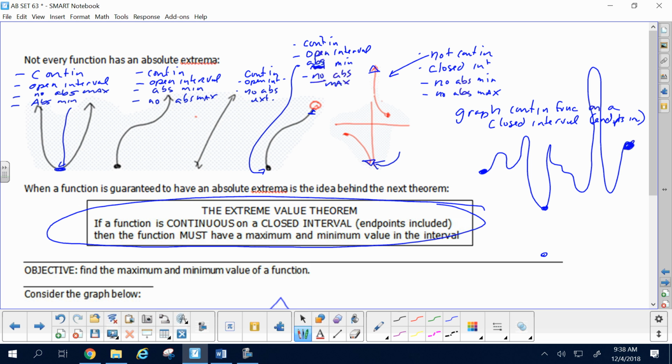For example, if I looked at this, this has an absolute min, it just doesn't have an absolute max. And if it's not a closed interval, it can still have an absolute min or max. The idea is that if it's continuous on a closed interval, it's guaranteed to have a min and a max.